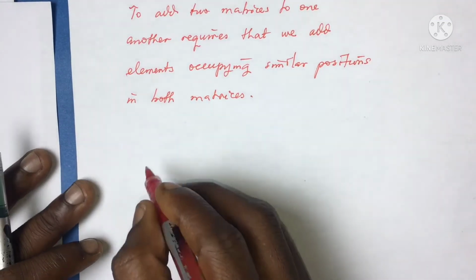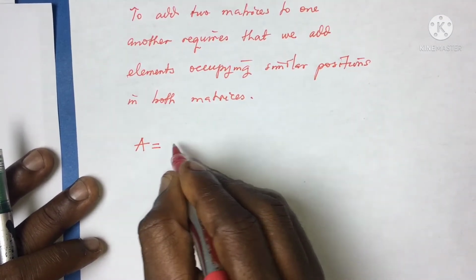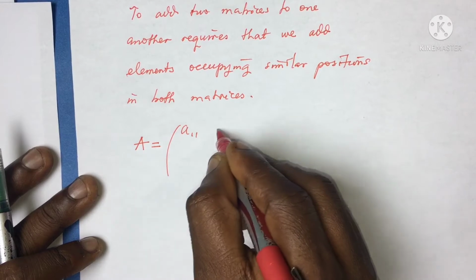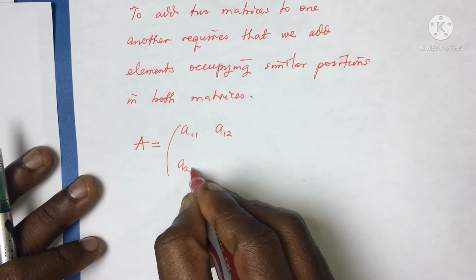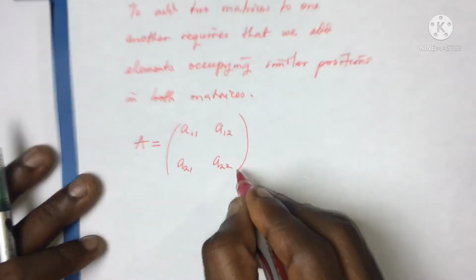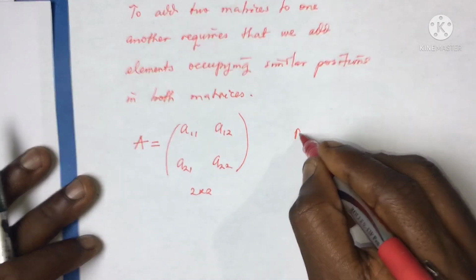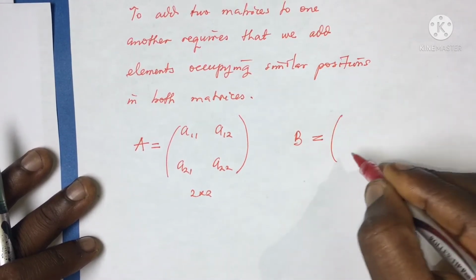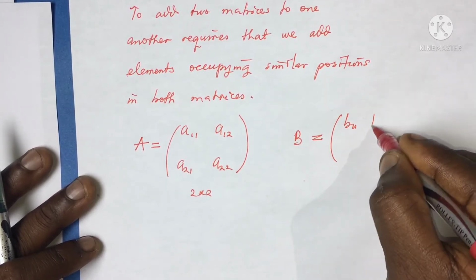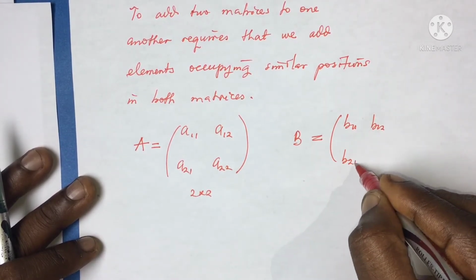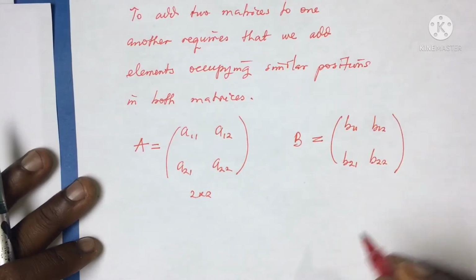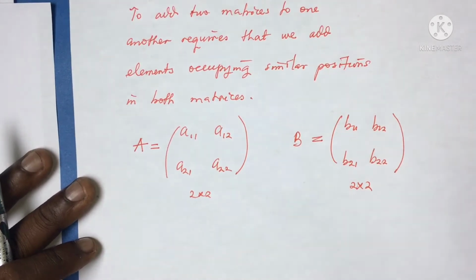So let's see, if I have a matrix A equals A11, A12, A21, A22, that is a 2 by 2 matrix. Now, I have another matrix B, which is equal to B11, B12, B21, and B22. Now, this is also a 2 by 2 matrix.